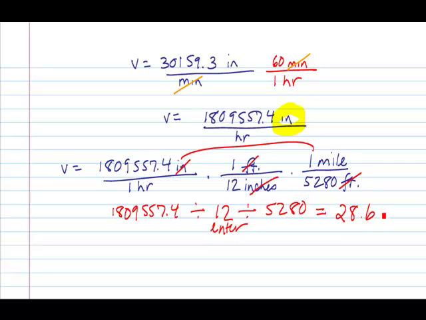Our answer is 28.6. Again, it's in miles per hour. It's a reasonable answer. And again, this is just a conversion of one way of measuring velocity, which was inches per minute, and changing it to something that's more useful to us in real life, miles per hour. We've been talking about angular and linear velocity.